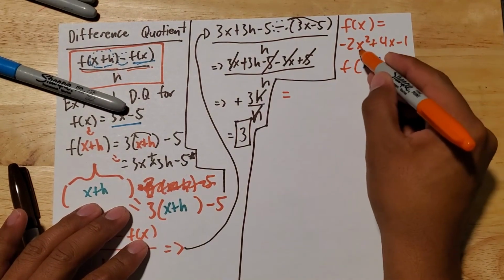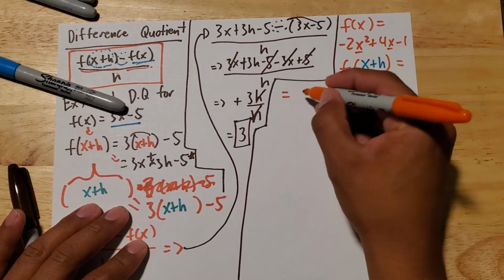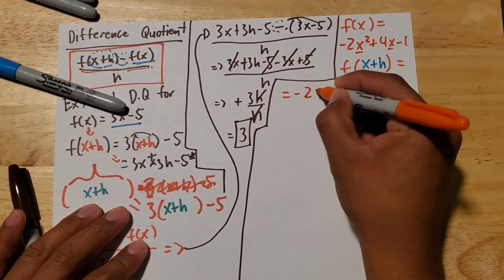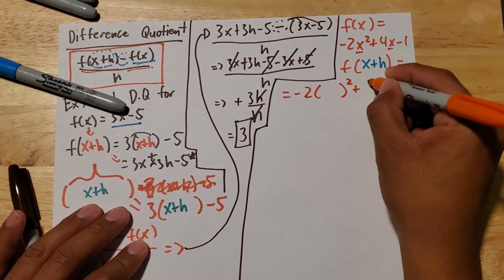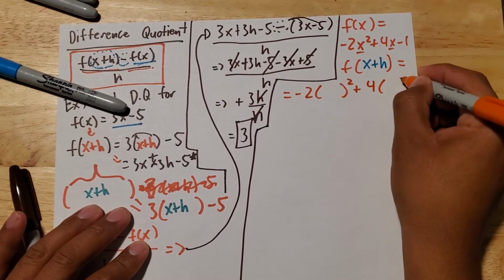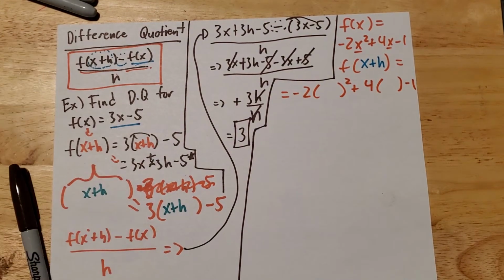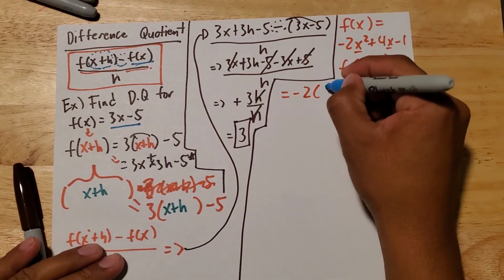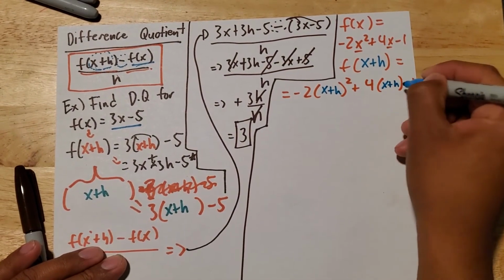So now here I'm going to substitute all my x's with x plus h. But before I do that, I'm going to replace them with parentheses first. 4 times x plus h minus 1. And everywhere I had an x, I'm plugging in x plus h.